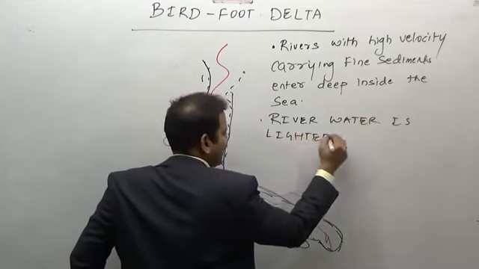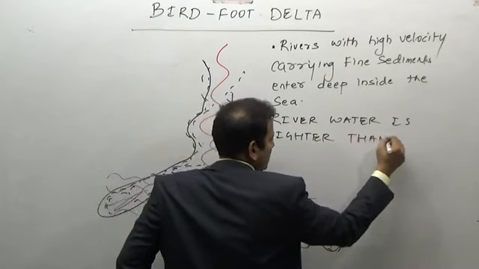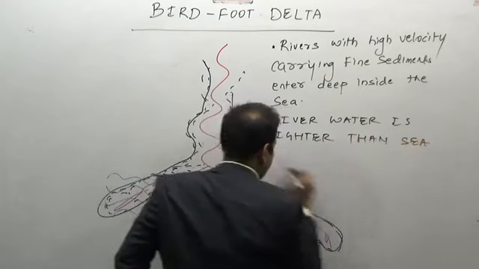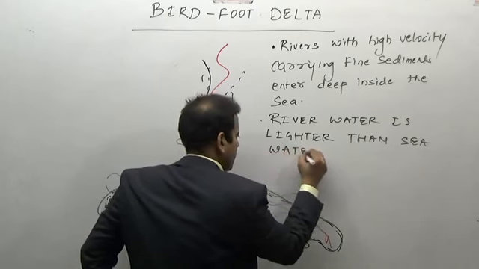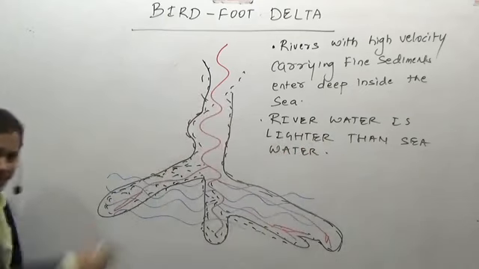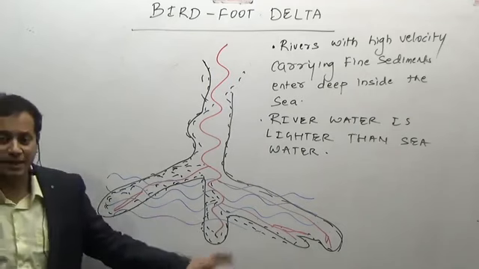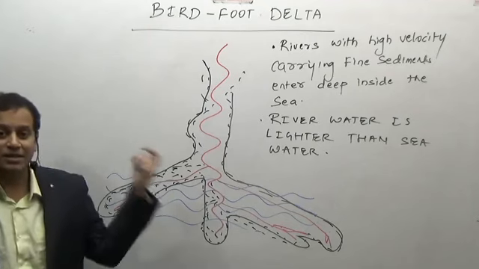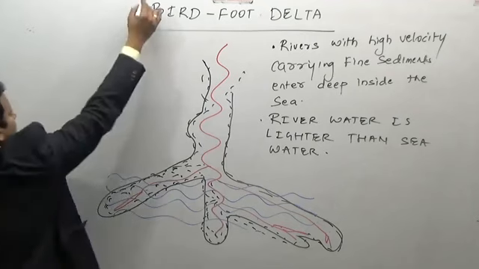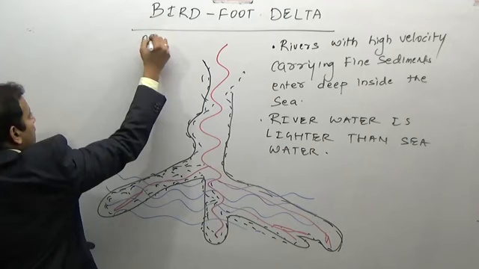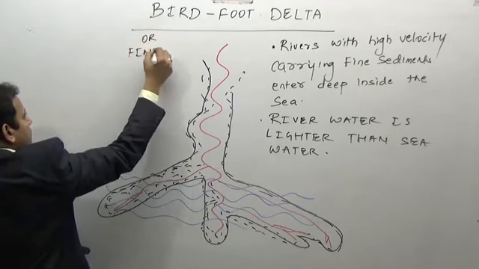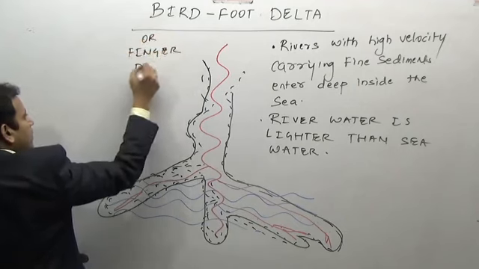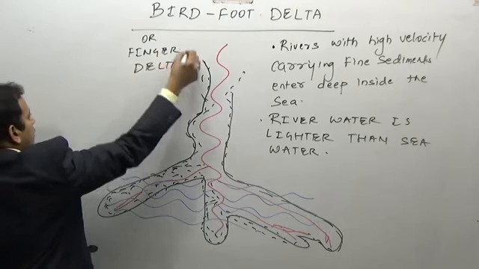Therefore, it goes deep inside the sea and forms a very linear shaped delta. That is, it goes deep and then starts depositing the sediments. Such a delta is known as a bird foot delta or finger delta.